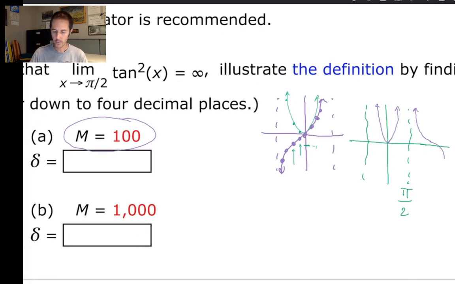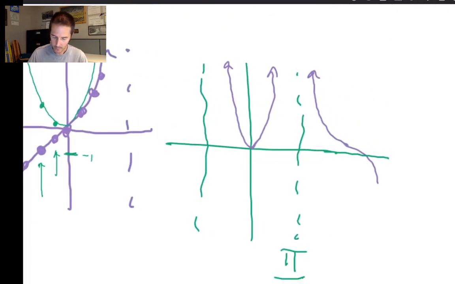Our x values are approaching pi over 2. We want our y values to get large. We want them to be over 100. So where do I need to be on either side of pi over 2 so that my y values stay above 100?